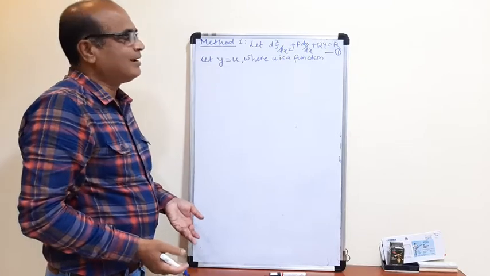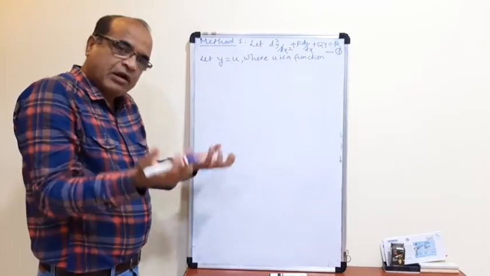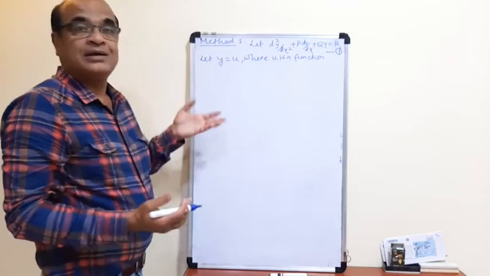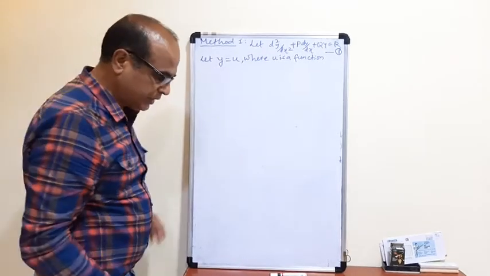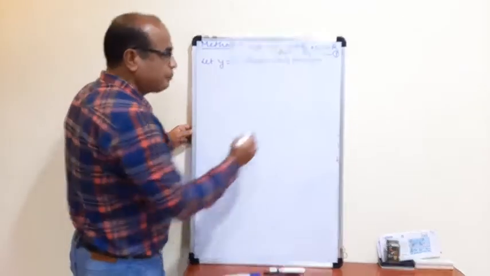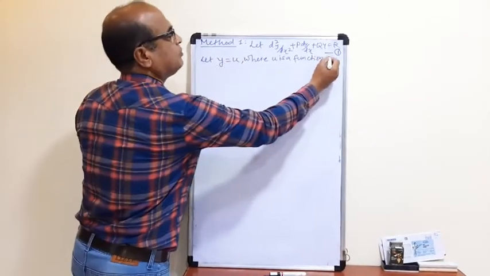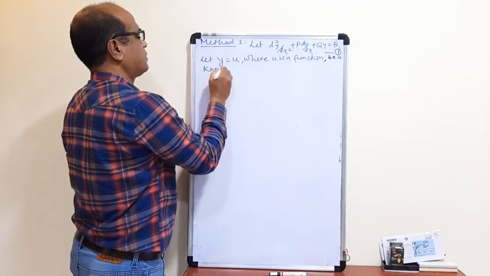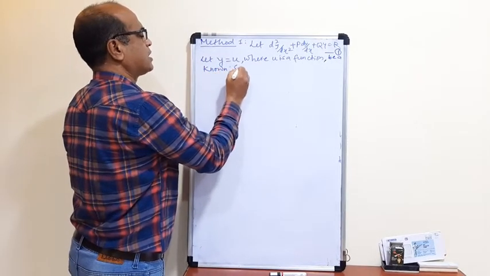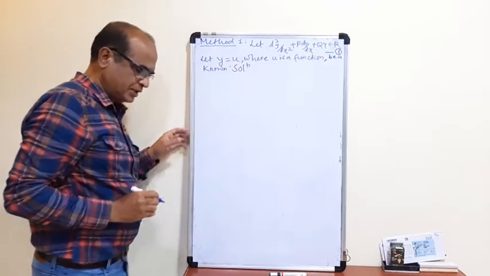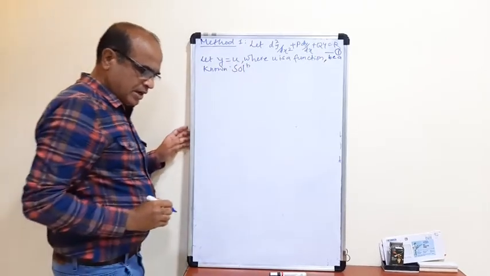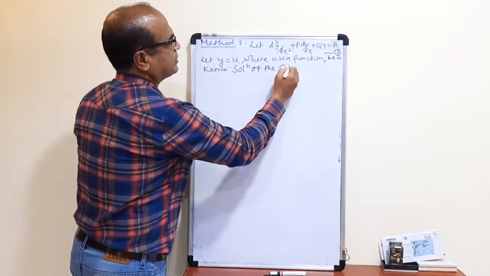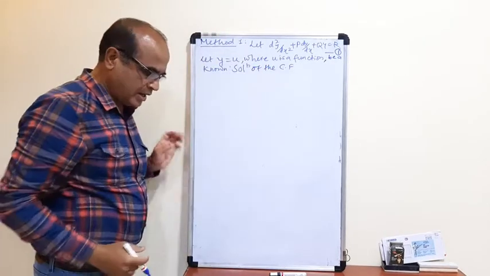That is, taking the auxiliary equation and then obtaining the complementary function, this solution y is equal to u is a known solution of the complementary function CF of equation number 1.